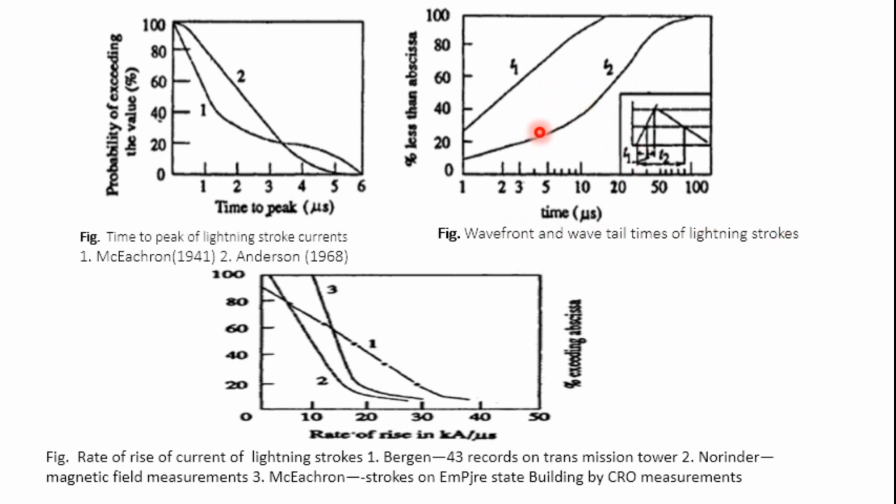The energy associated during the return stroke is the highest compared to the making of the contact by the first leader. Next is the rate of rise of the current of lightning strokes by different concepts, which we have to understand.